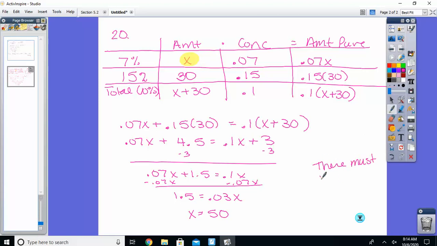So that must be 50 pounds. Questions on that one?